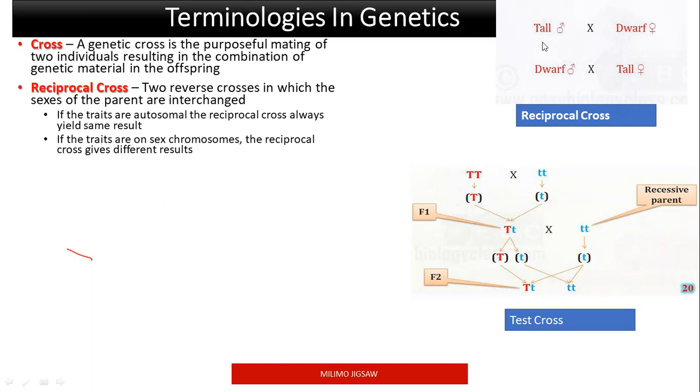And then these sexes are interchanged: we have a dwarf male being crossed with a tall female. If the traits are autosomal, the results will be the same. However, in sex chromosomes, we are going to have different results.